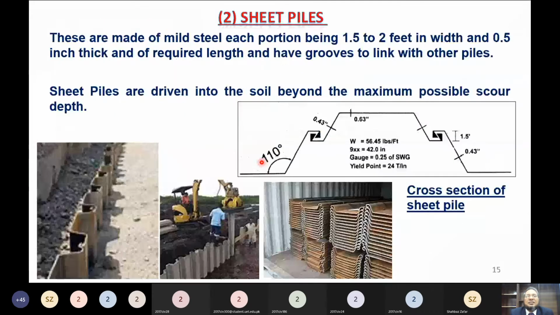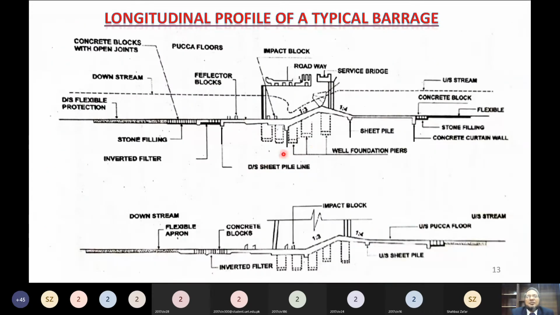If those fine sediments start moving, initially cavities will form, and then the whole soil underneath can be compacted, consolidated, and it may damage the whole structure. So that's why it's very necessary to provide the inverted filters.